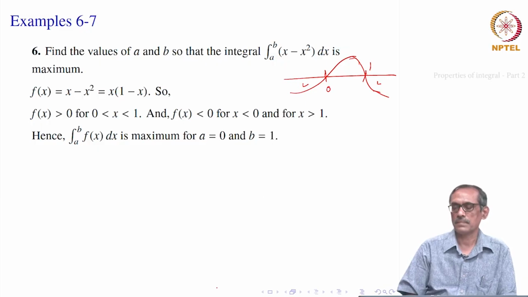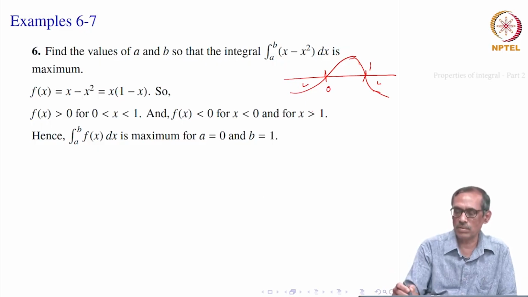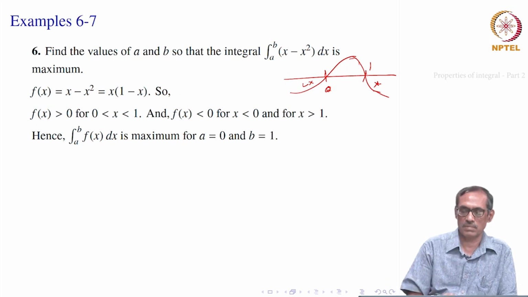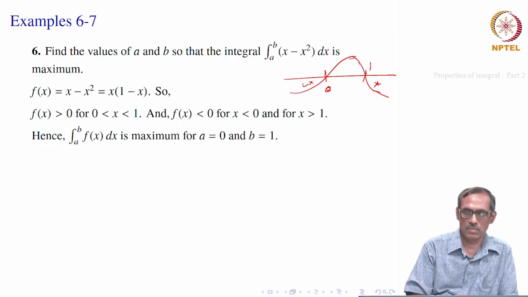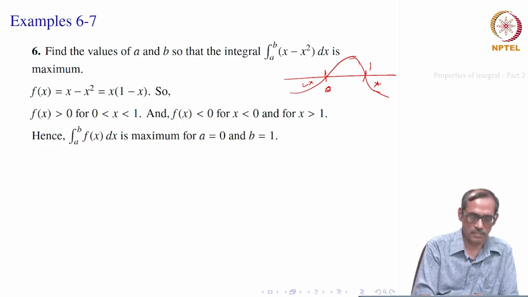To maximize its value, we should take only the positive part, and this part should go away. So, we choose a equal to 0 and b equal to 1. We have not computed the integral, but some geometric argument gives the result.